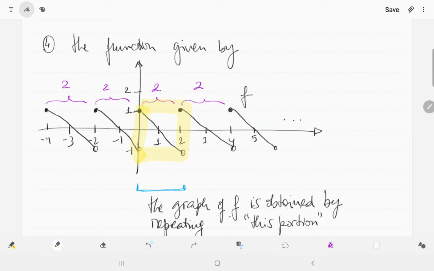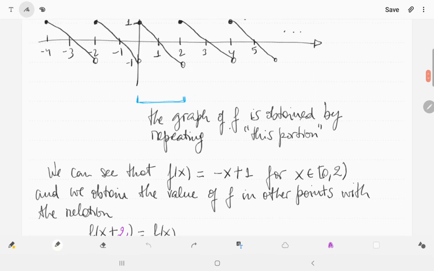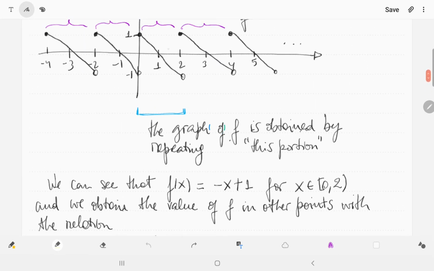That's nice about periodic functions. We can compute this line, which is x minus x plus 1, where x belongs to the interval 0, 2.